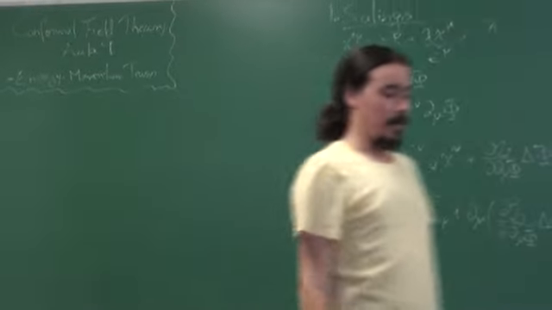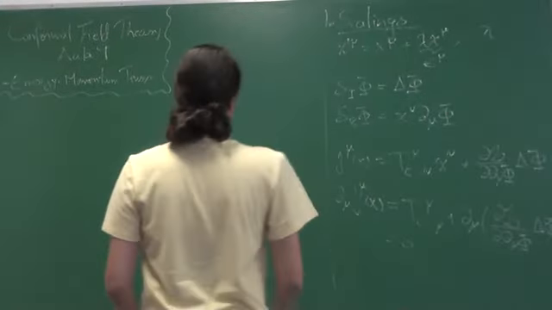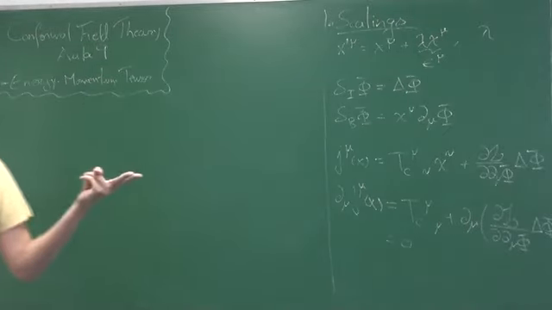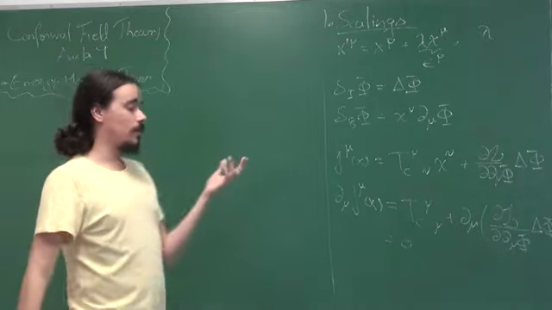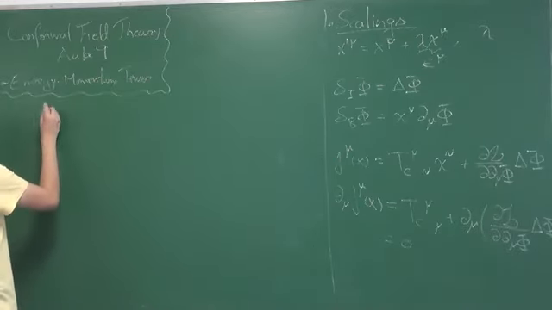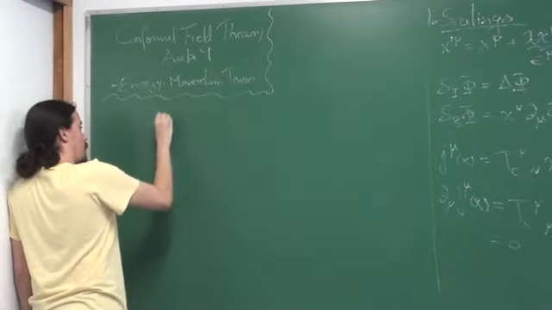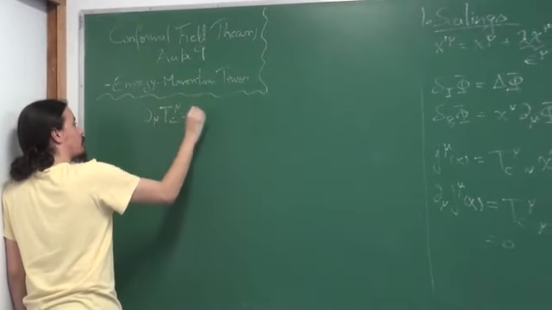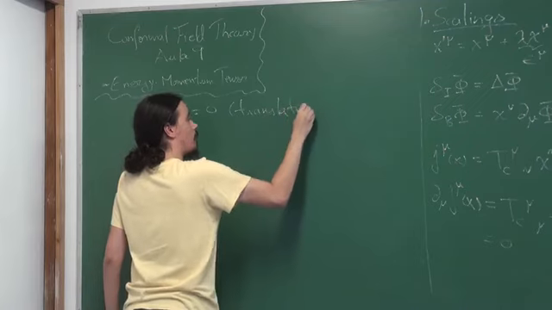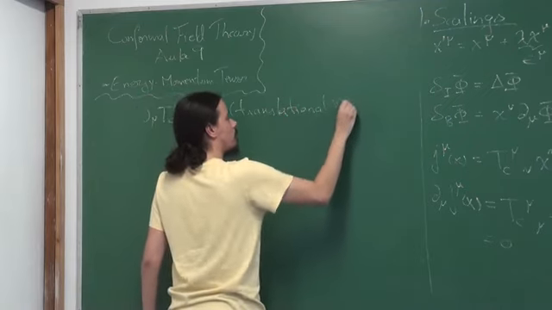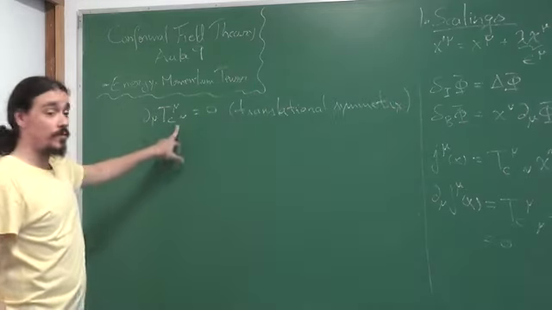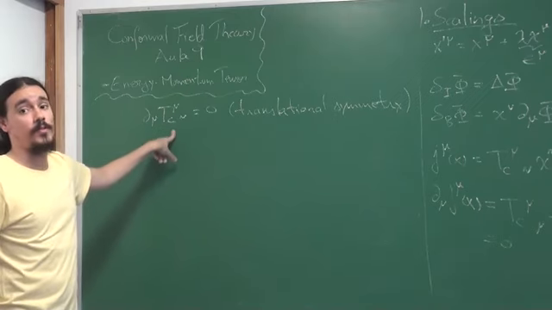So when we do an improvement of the canonical energy momentum tensor, either to make it symmetric or traceless, we do not want to spoil the conservation. And so we have this condition that is a consequence of translational symmetry. We want to add terms to the energy momentum tensor, but we want to keep this conservation on.